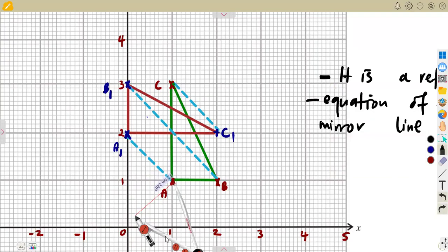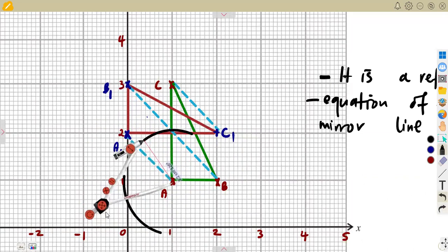So I'm just going to draw an arc this side. That's an arc. Then on this other side, I'm also going to have an arc. That's A, an arc there, an arc there.